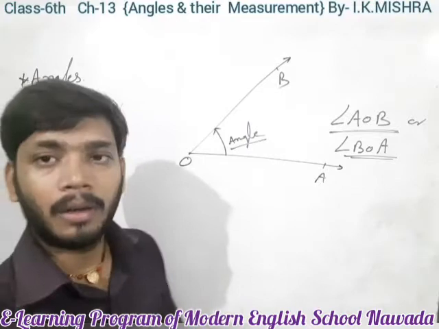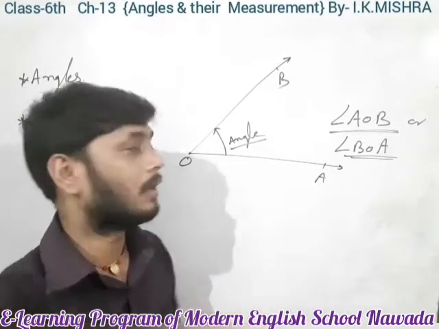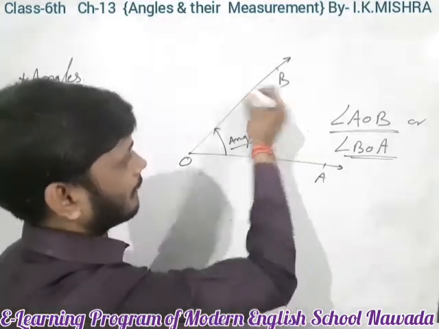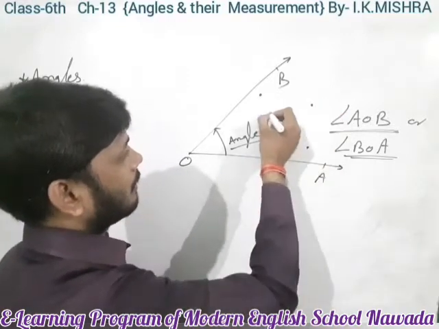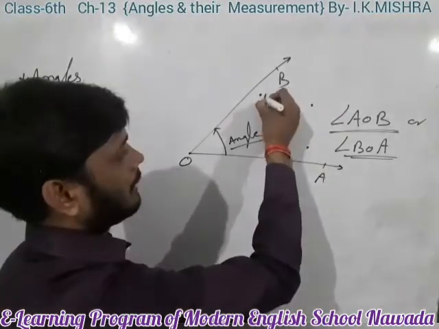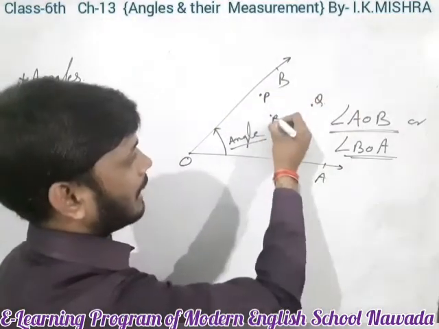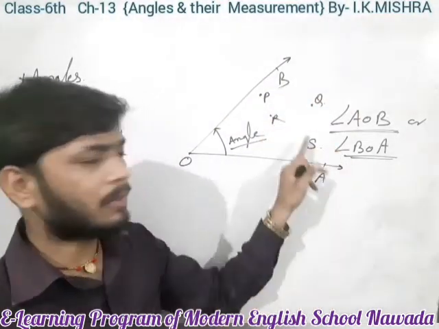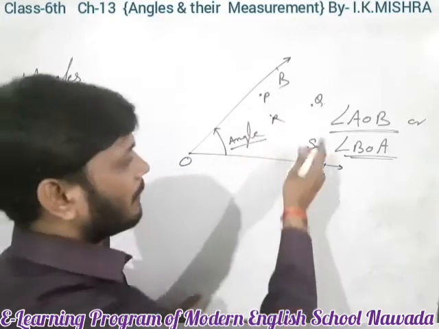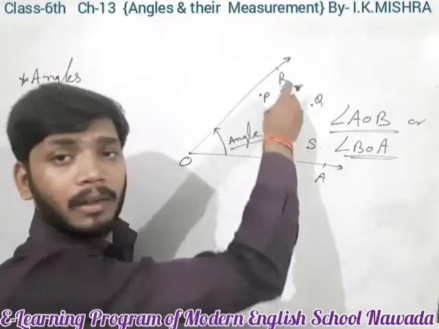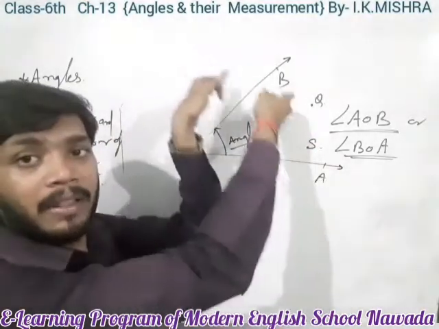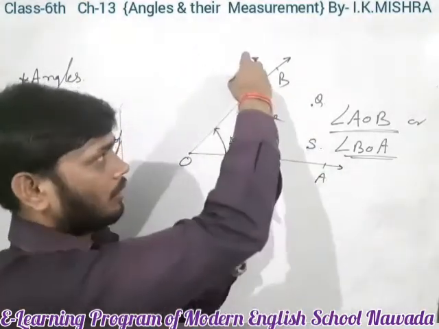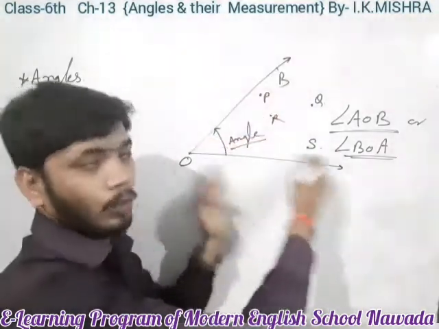Friends, which is interior? Suppose a point is here, here points P, Q, R, S. These points lie within the angle. They lie between these two arms, OB and OA.